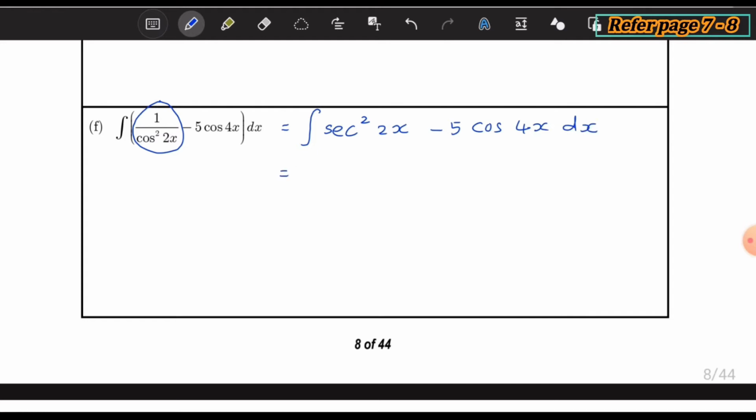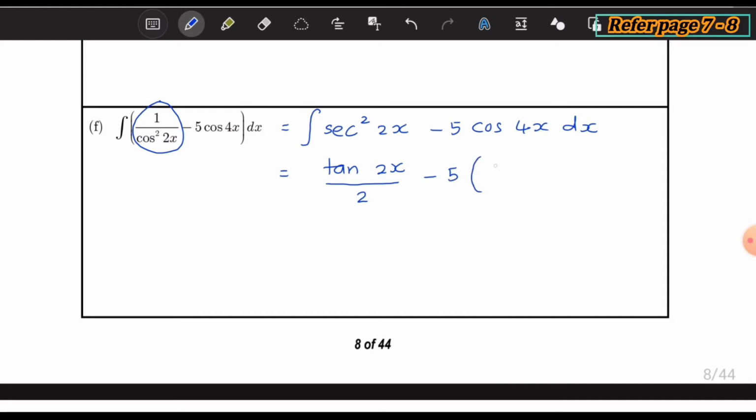And integrate secant squared is tangent 2x. Never ever change the angle. And don't forget to divide by 2 from the derivative of the angle. Minus 5, the constant.